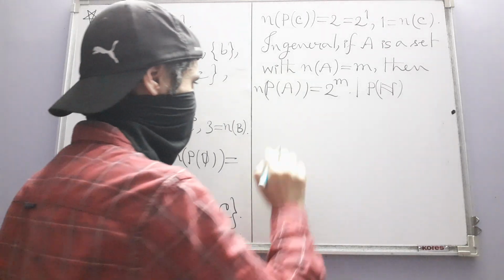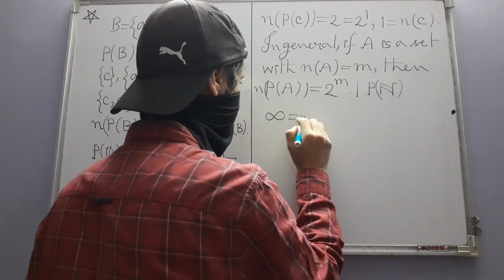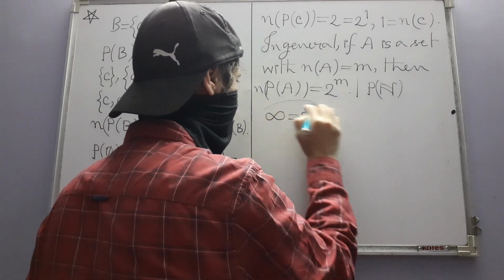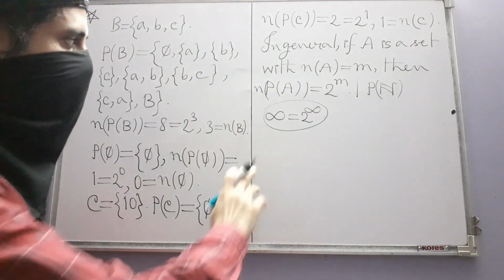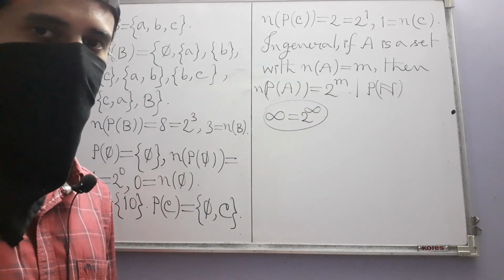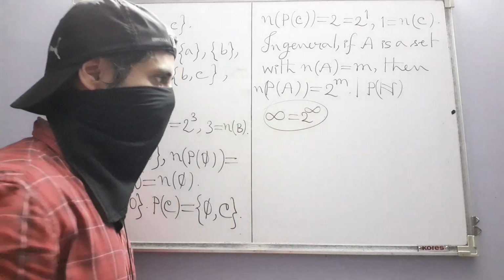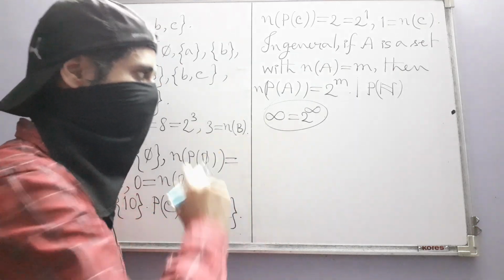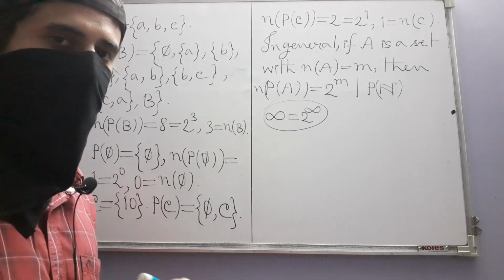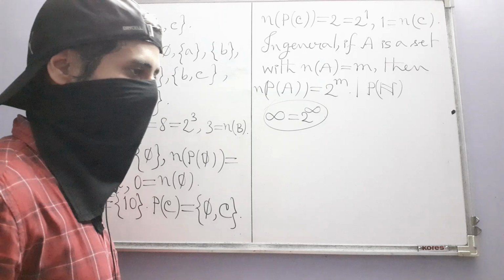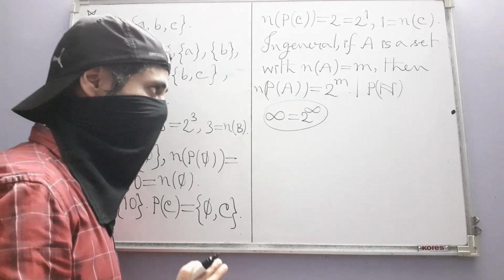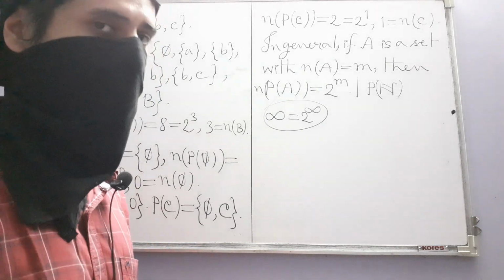But that's not because infinity is equal to 2 to the power infinity. Always be careful to not write things like this. No matter how plausible these things look, you feel like this should be true. Multiplying 2 infinitely many times should be infinity. But multiplying 2 infinitely many times itself has no meaning.